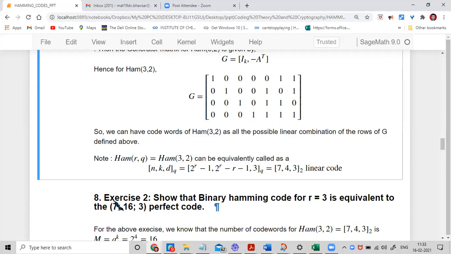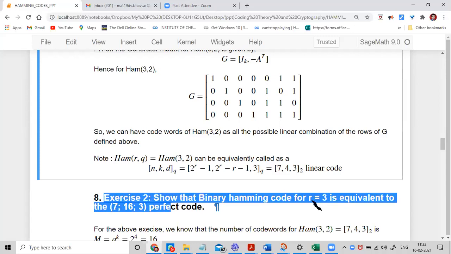So we can ask: show that the binary Hamming code is equivalent to the perfect code 7.16.3.